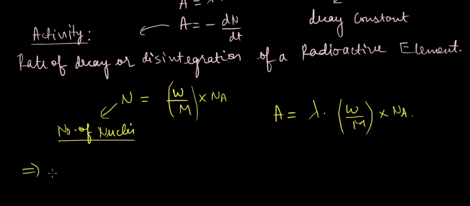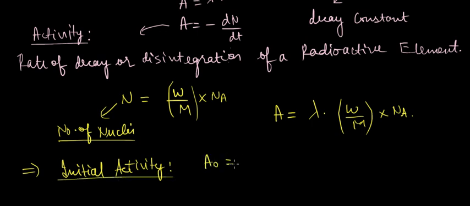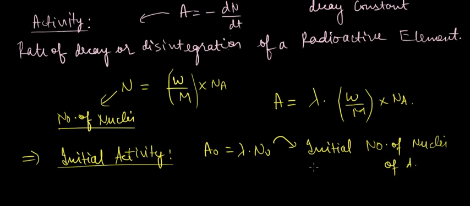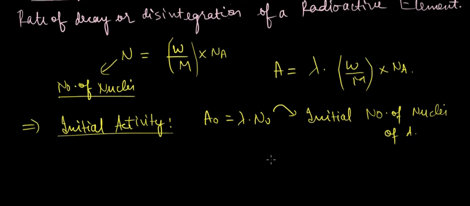So let us write that suppose initial activity is A naught equals lambda times N naught, where N naught is the initial number of nuclei of A, which can also be written as A naught equals lambda times W naught upon capital M, times Avogadro number.